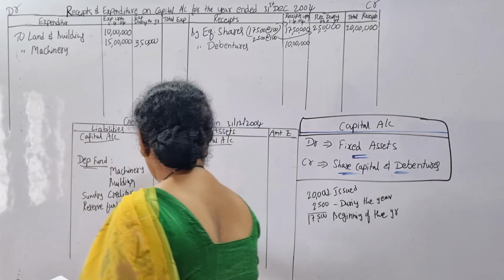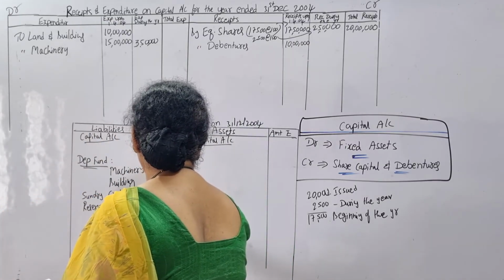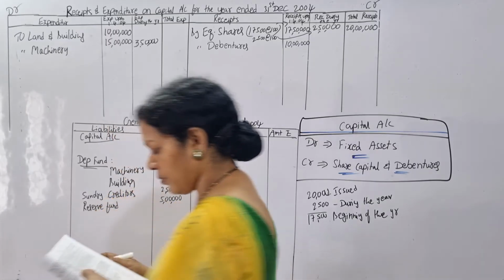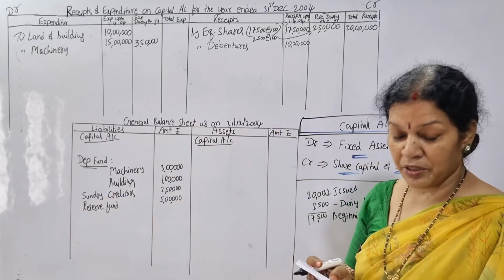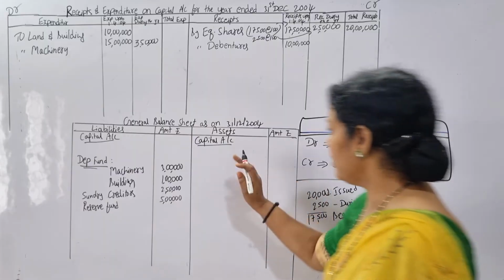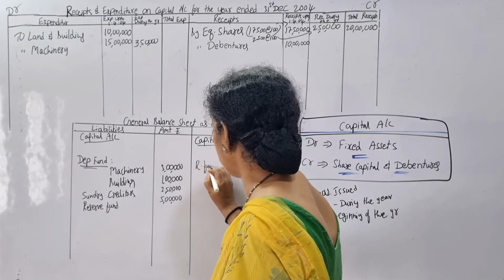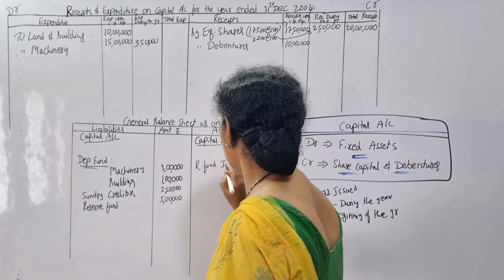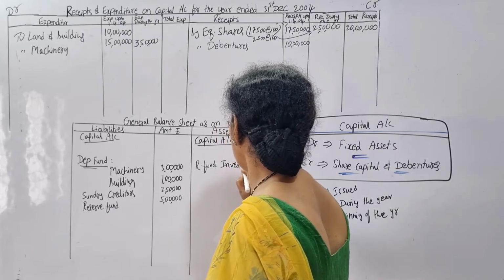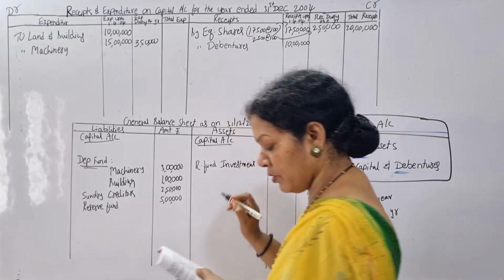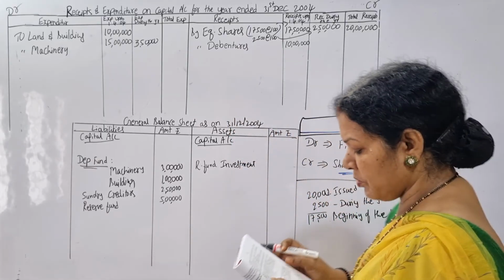Reserve fund is 5 lakh. Next, reserve fund investment. Investment is always asset. Here, we'll give a gap. Reserve fund investment. How much is the investment? This is also 5 lakh.